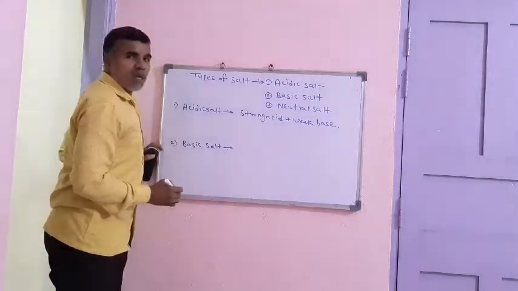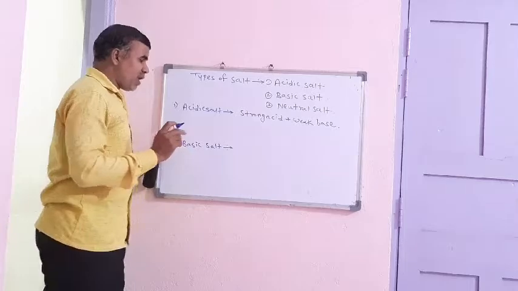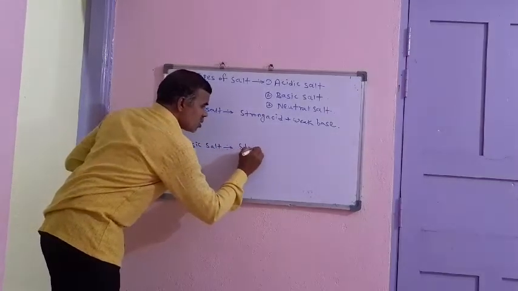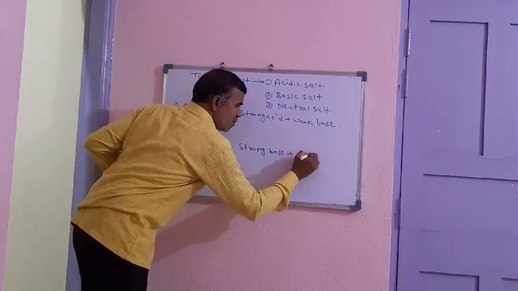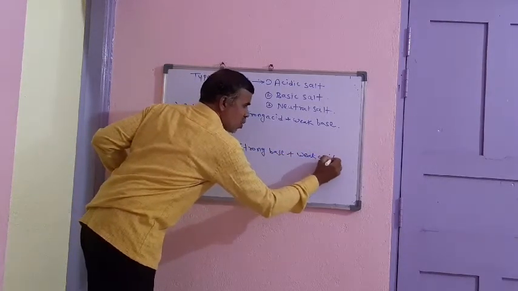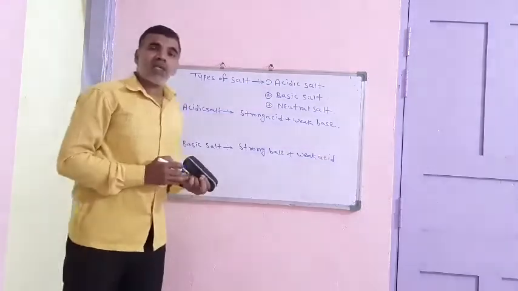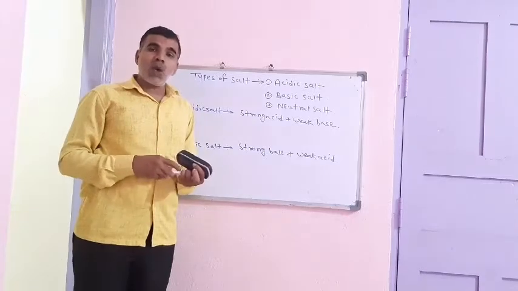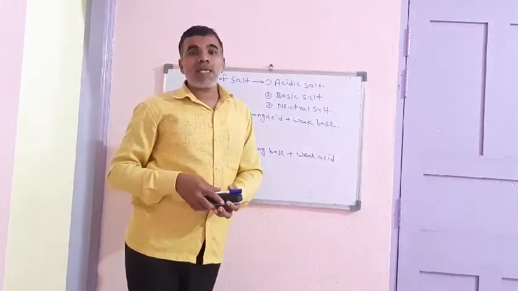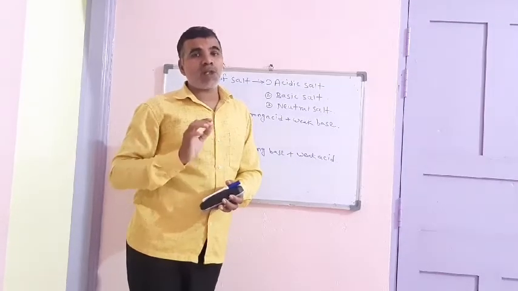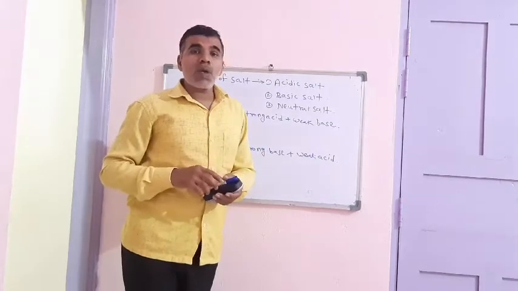Basic salt is formed by neutralization reaction between strong base and weak acid. We get the basic salt. And number third, neutral salt is formed by strong acid and strong base. स्ट्रॉंग ऍसिड आणि स्ट्रॉंग बेस एकत्र आले तर त्यापासून न्यूट्रल सॉल्ट मिळतात.